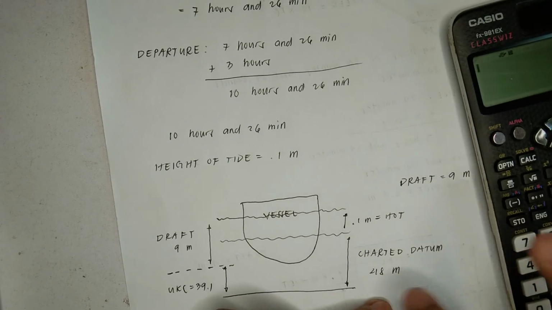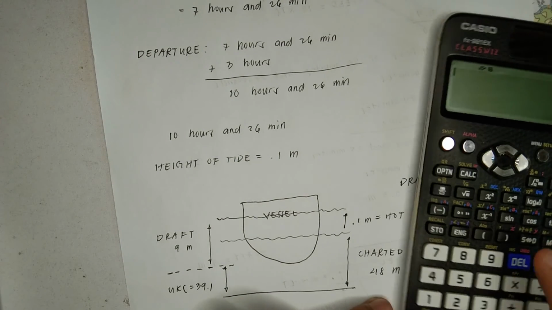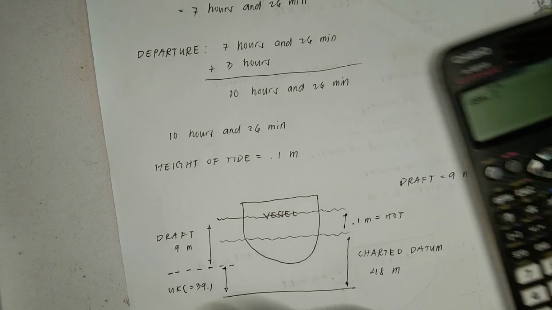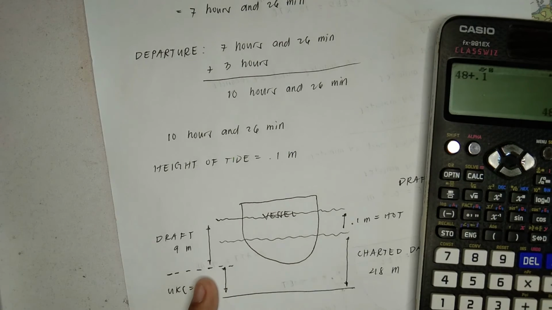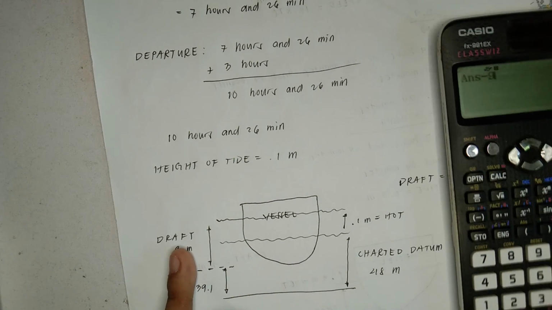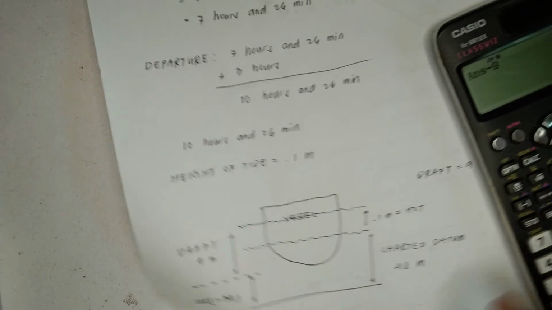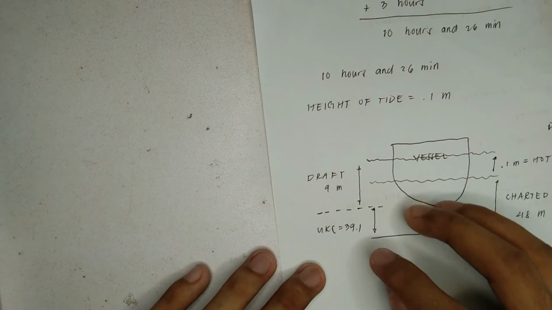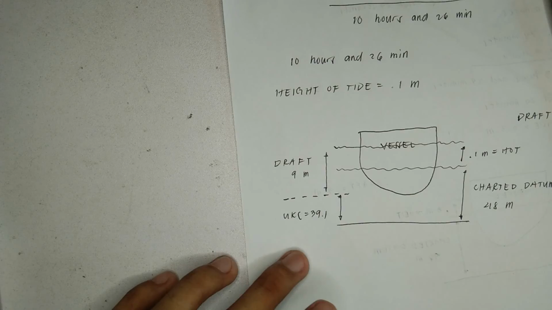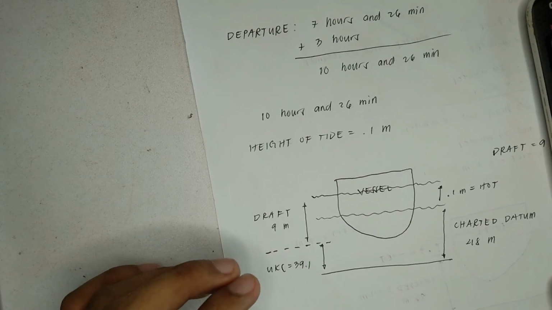Then the charted datum, we got in the chart, is 48 meters. 48 plus 0.1, exactly we got 48.1. And then minus the ship's loaded draft of 9 meters. Then we got the UKC, or the underkeel clearance of the vessel, of 39.1, and that will be in the Diamante Rock.